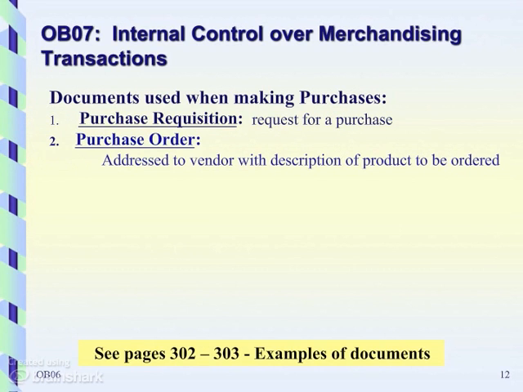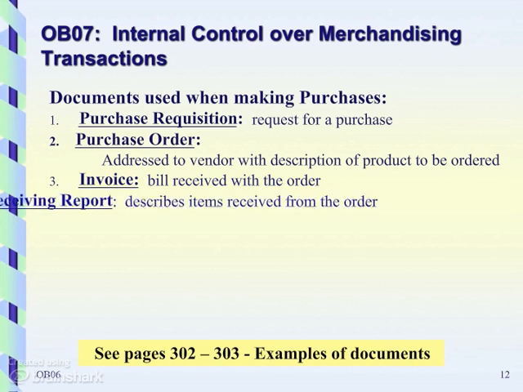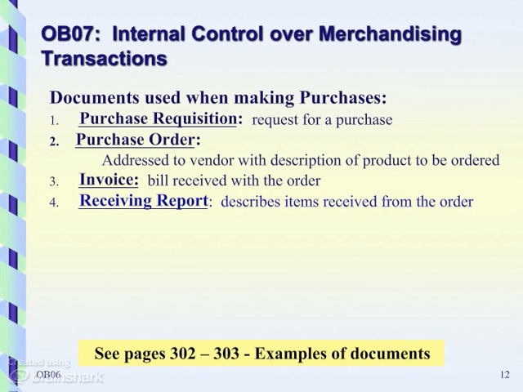Second, a purchase order should be written out or prepared. This is addressed to the vendor with a description of the product to be ordered. Third, an invoice or bill should be received with the order. That invoice or bill should be properly processed throughout the organization. A receiving report should be prepared by whomever is in the receiving department, describing the items that were received from the order.